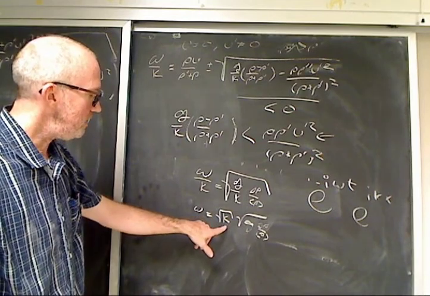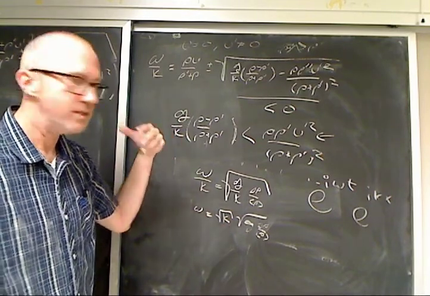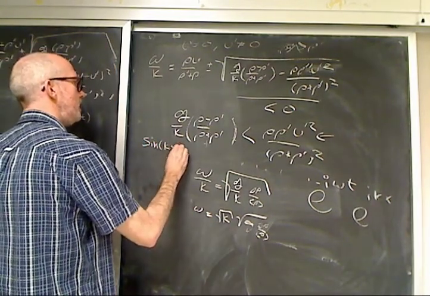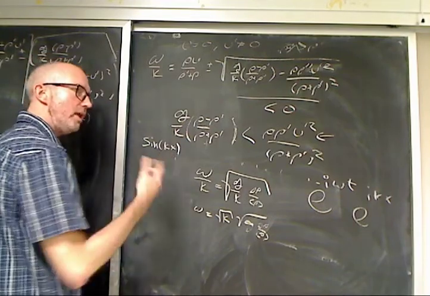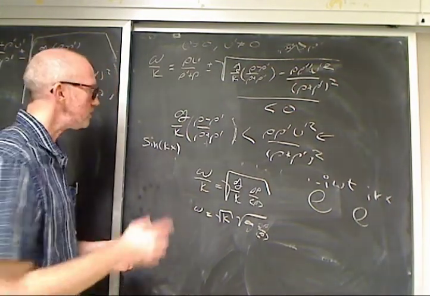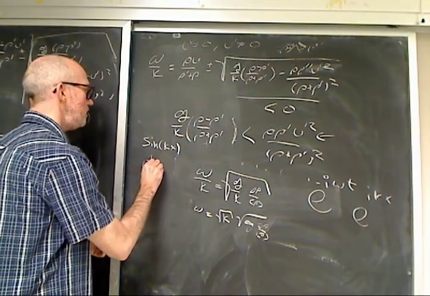But k is the wave number. Now k is inverse wavelength. So when I have sine kx, k and x multiply to give you something dimensionless. So k has dimensions of 1 over length.